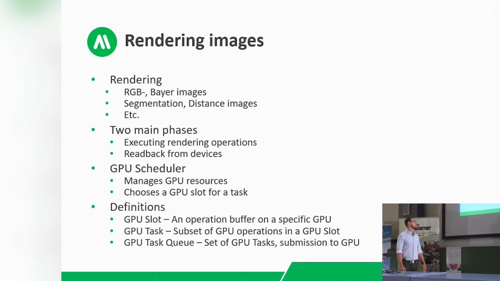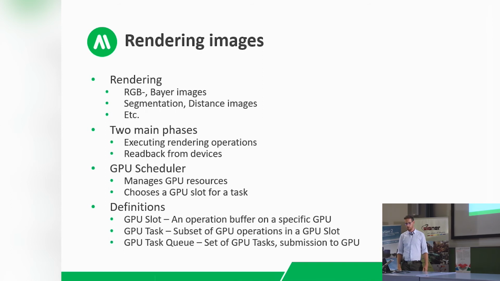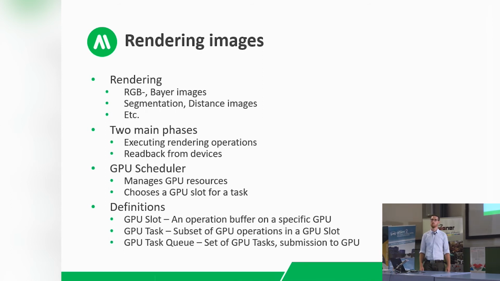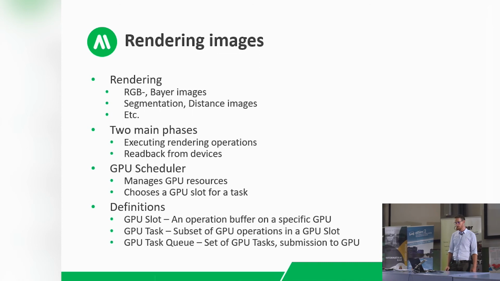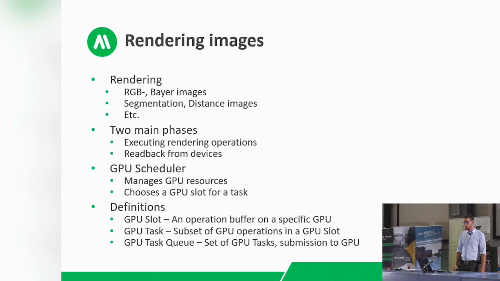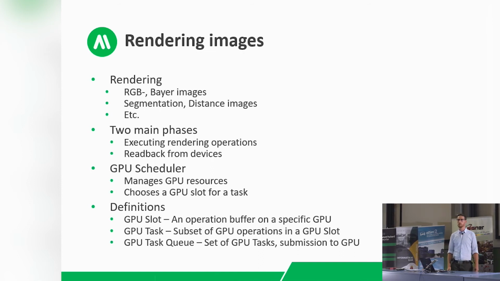We have the GPU scheduler. This scheduler manages our GPU resources and chooses a GPU and a GPU slot for a task. Before going into detail, I would like to clarify some definitions.